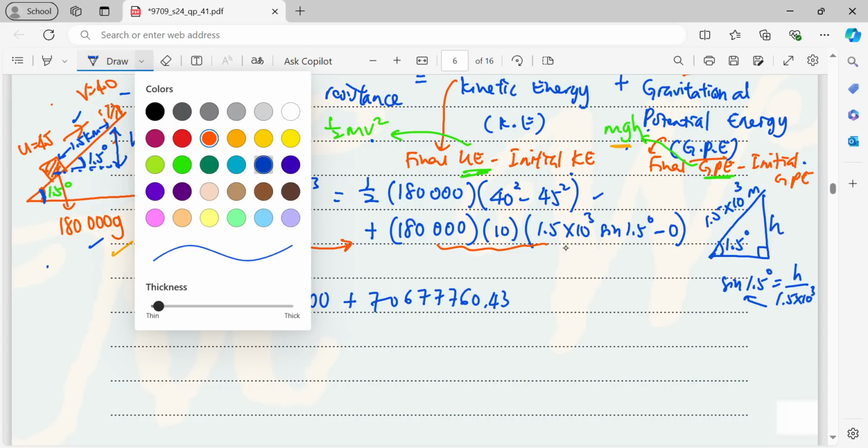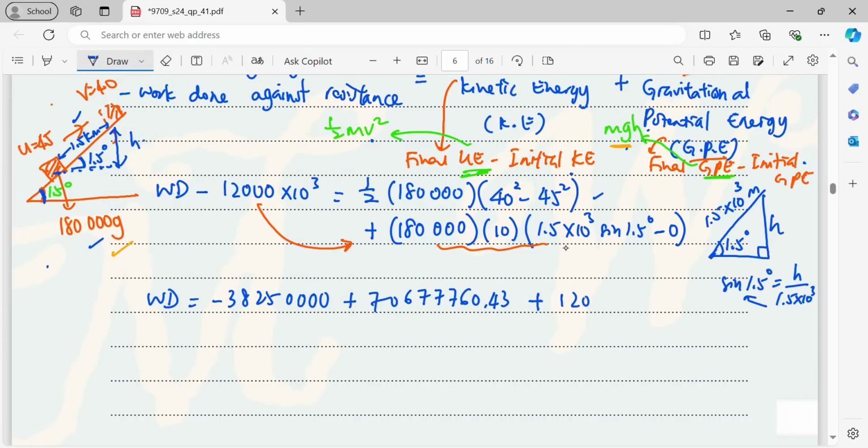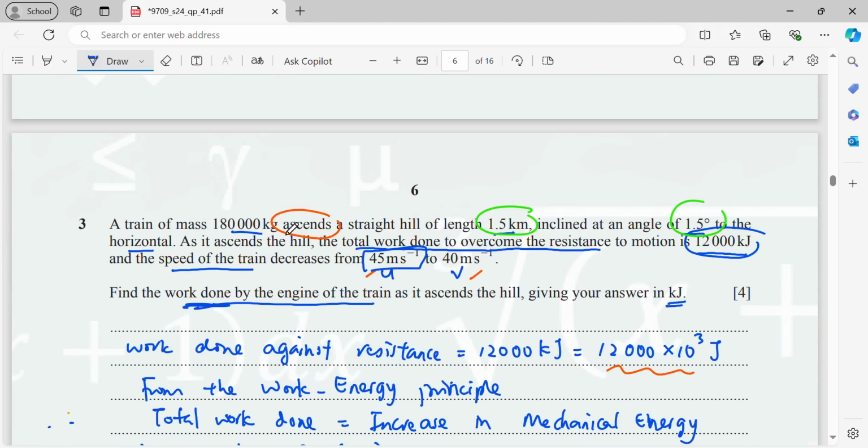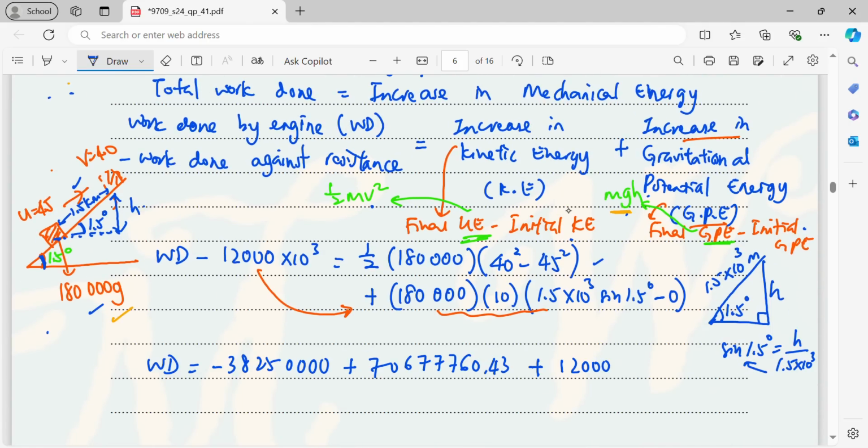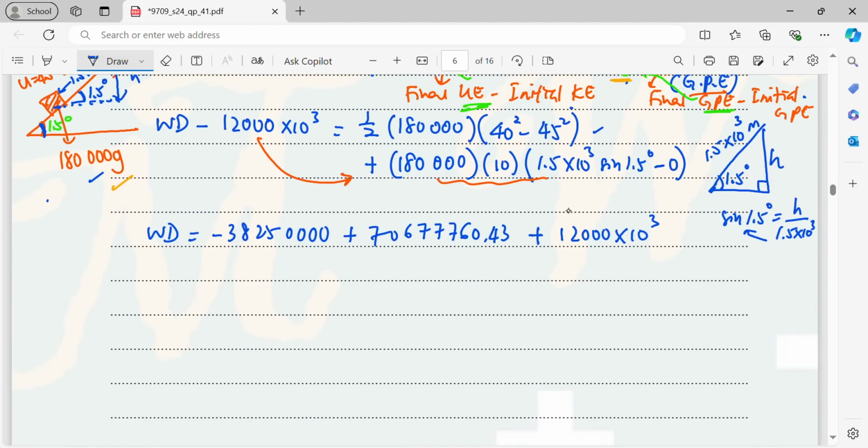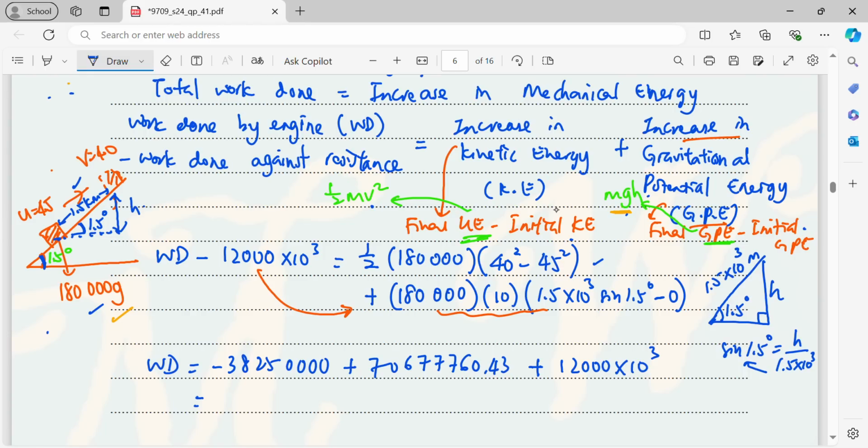That means it becomes a plus. Sorry, let me check. This is 12,000, not 120,000. 12,000 times 10 power 3. So now when you calculate all these values, that is going to be 444,277.60.43 joule. Okay, that is the work done.